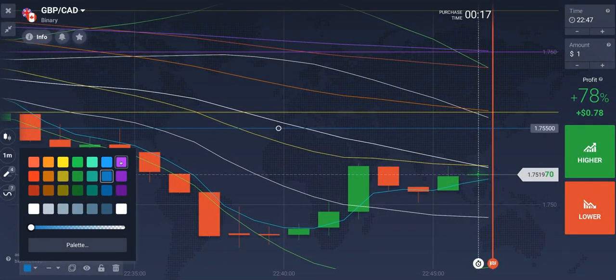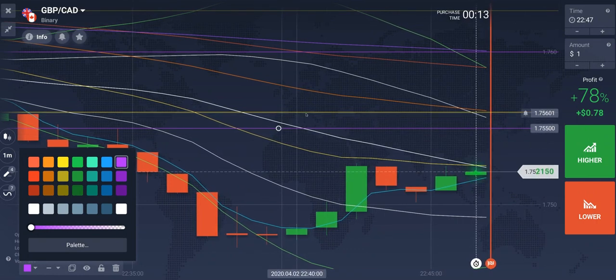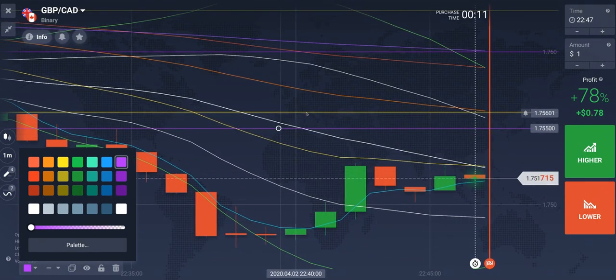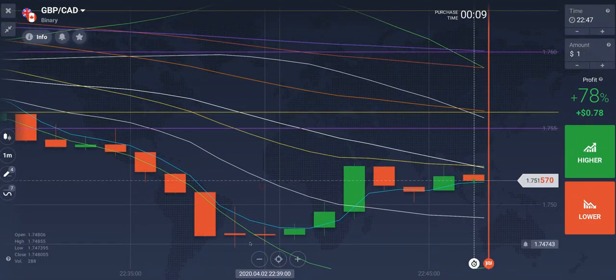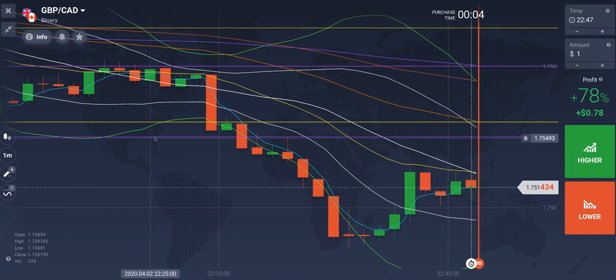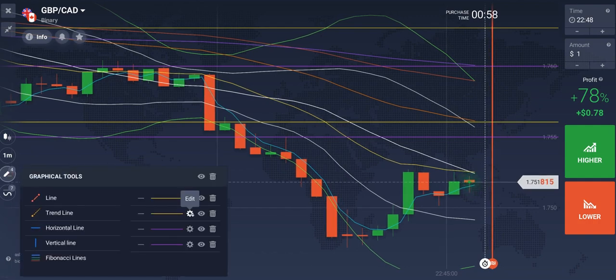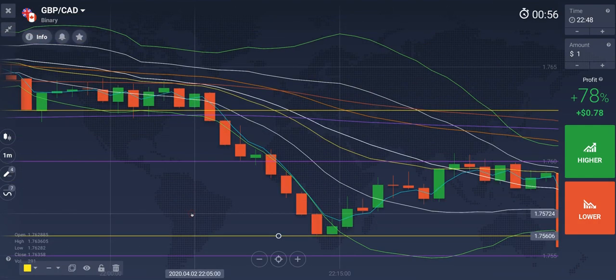For those who are wondering, I always use a purple line for round numbers with at least 2 zeros, and yellow for numbers with 1 zero. This is also a purple level. This graph has a lot of double zeros, so let me just adjust this.